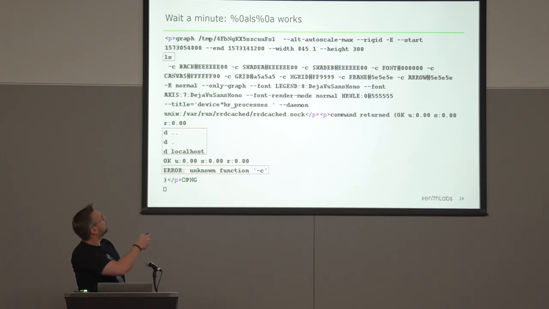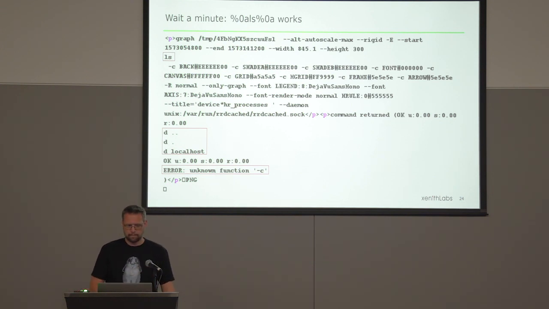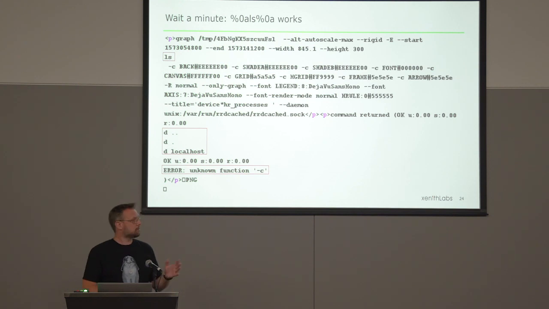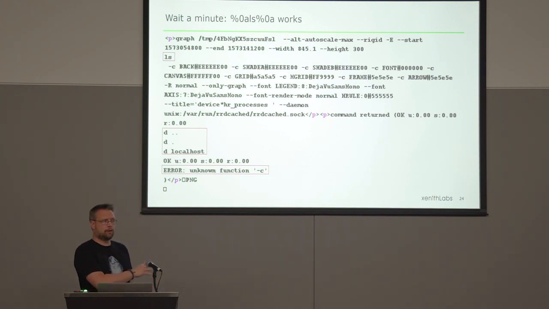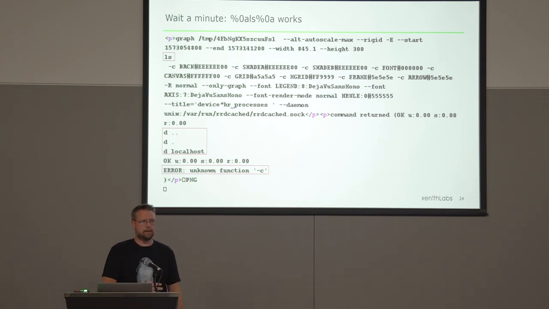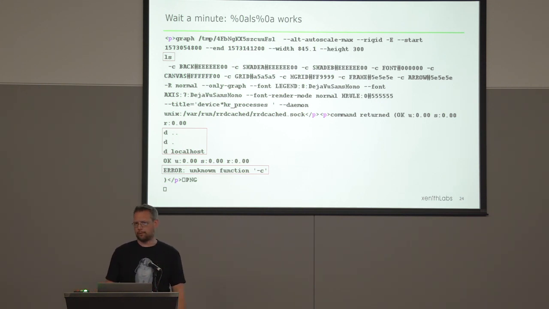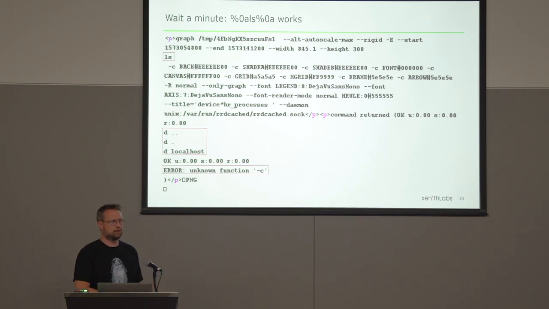The -c here. So that kind of seems like it worked, but at the same time, it's complaining about unknown function -c. Whereas if this was command injection, I would have expected invalid command or command not found, not function.